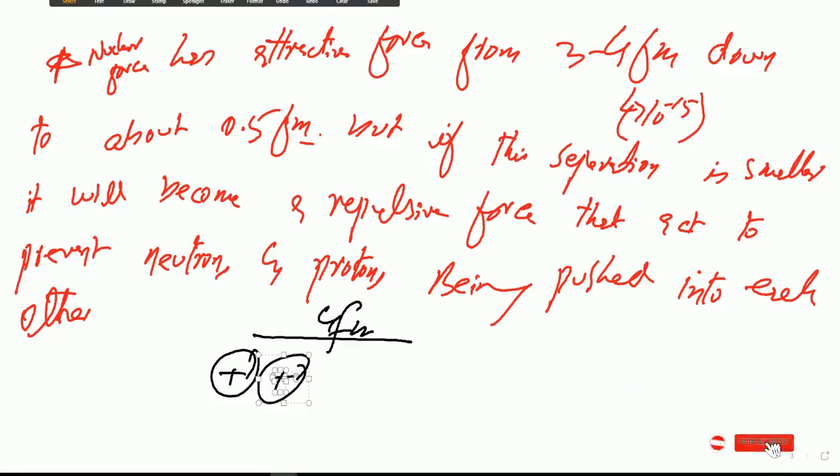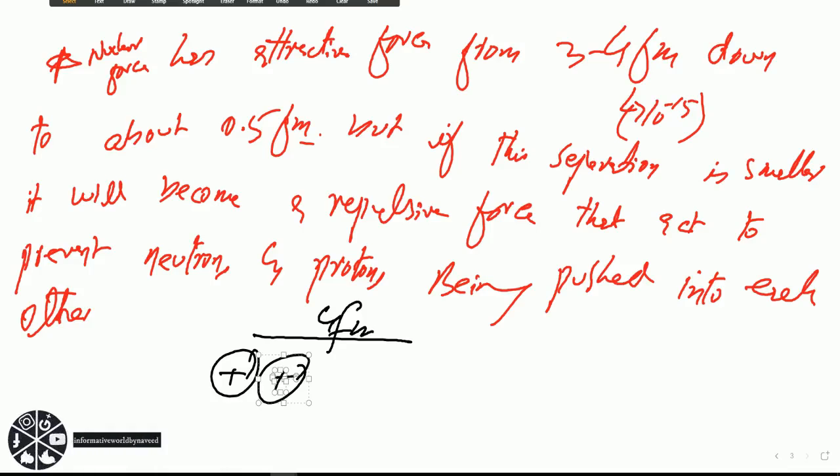Yeah, it will repel. Otherwise, one proton will go inside the next proton. Then the identity of one proton will be destroyed. So that's why it will repel each other. Okay. So in this way, the nucleus is stable and it will contain a discrete amount of protons which is present inside the nucleus. Got it?